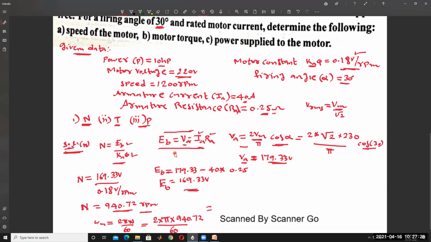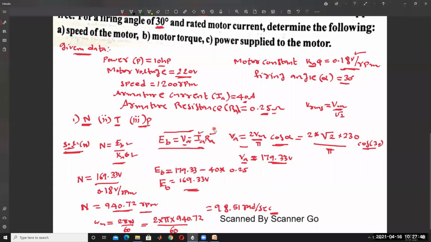So we'll get approximately 98.51 radians per second. This is the speed of this motor. First question is over, and then the second, what is the second?